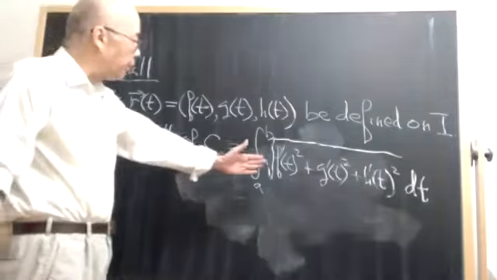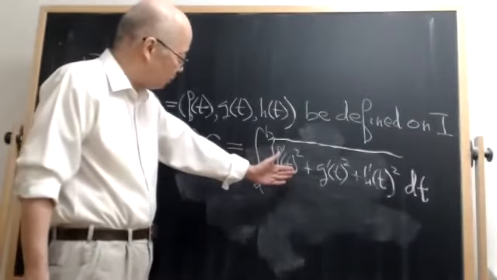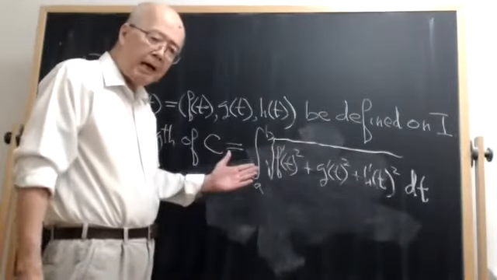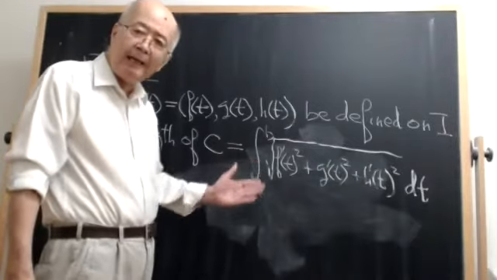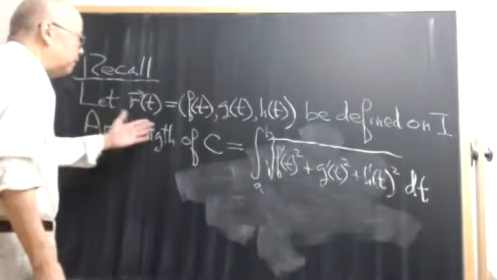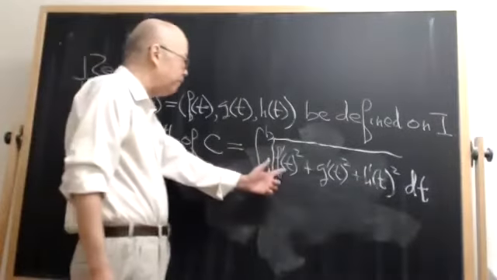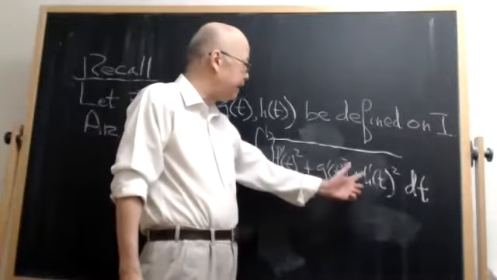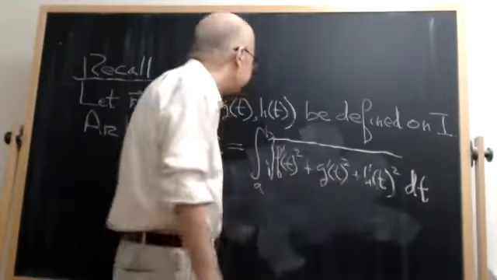Now, if you look at this integral, I can rewrite it in another form. Now, I have f prime t, g prime t, h prime t.